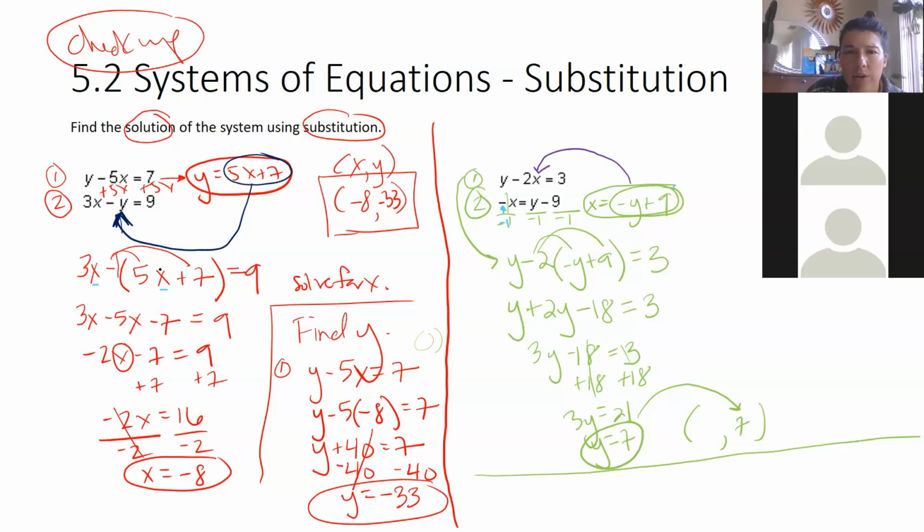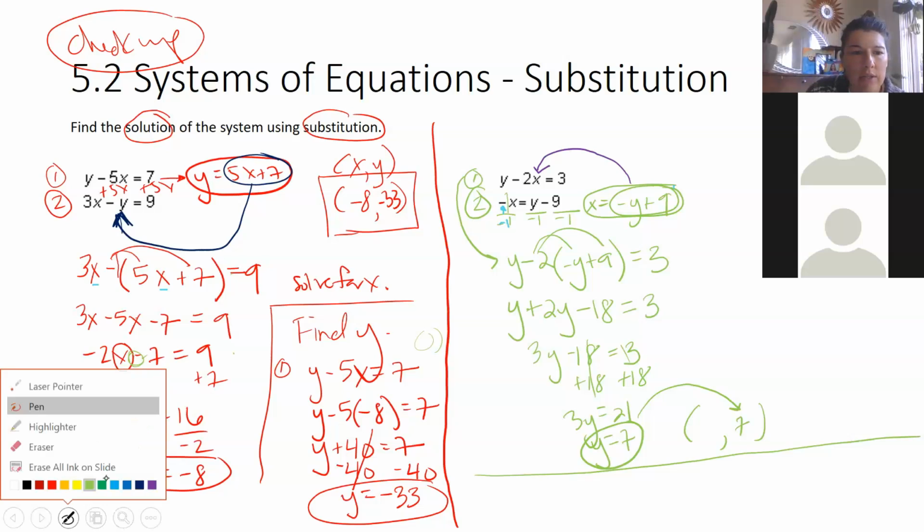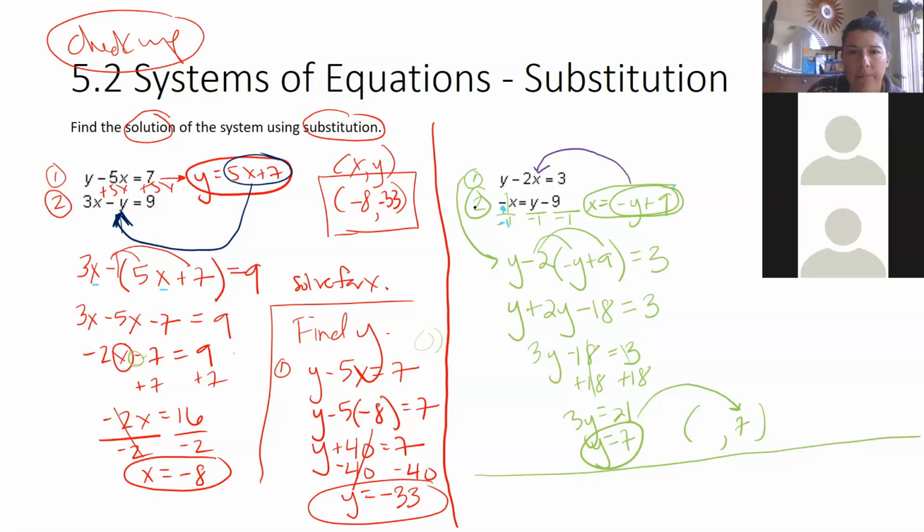Okay. Losing my cursor. Come here, cursor. There you are. All right. Okay, I'm going to change my color so you can see. Let me go to dark green. So now we're going to use that second equation to find our x coordinate.